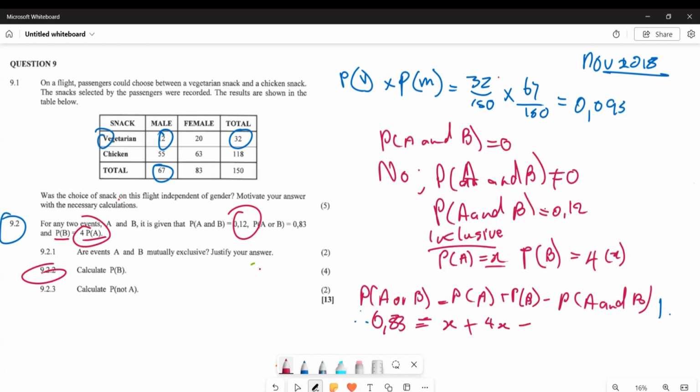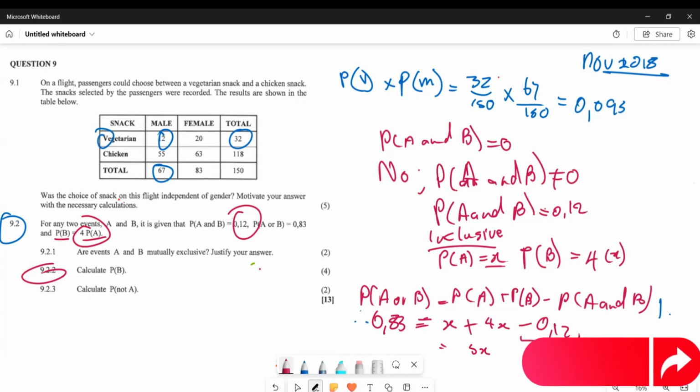Which means after that, the probability of A and B is going to be 0.12, right? Then you take this number to this side, which means you are going to add. So this is going to be the same as 5X. Then when you take this 0.12 from this side, it is negative, so it becomes positive.